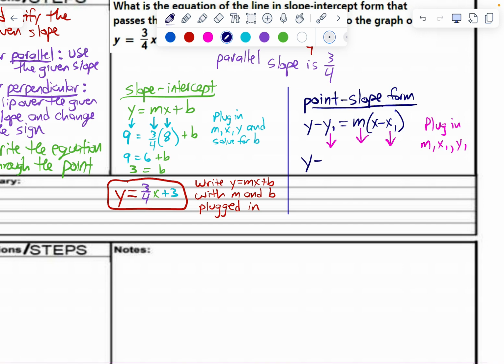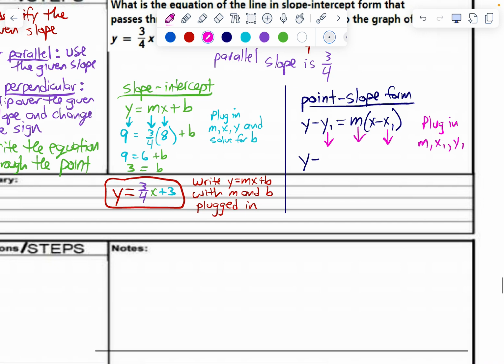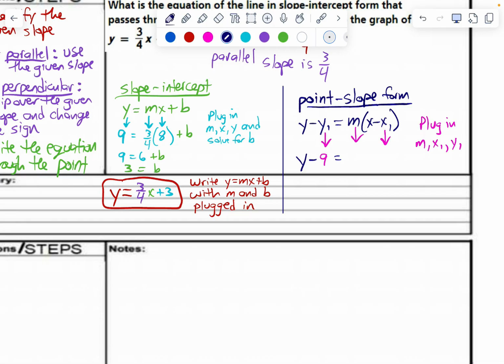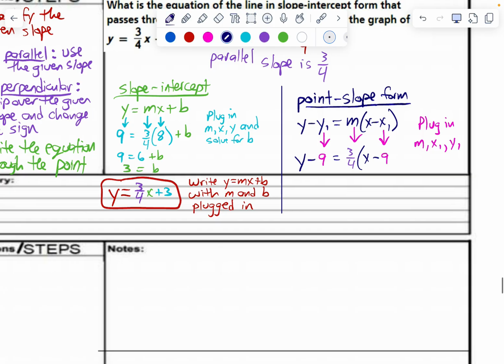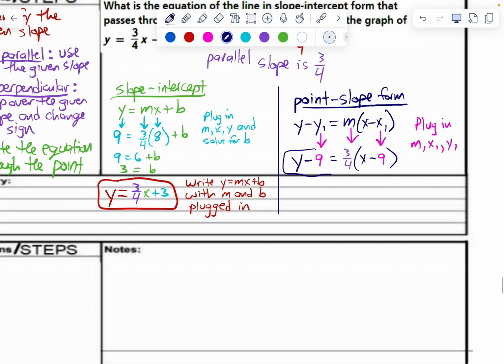Okay. It looks like this. y minus 9 equals, what was the slope? 3/4. Good. (x minus 8), and that was 8. Okay, and we're done. We don't have to calculate. I like that. That's better, right? That's the equation of the same exact line as the other one. Only there's no work. We can just plug stuff in.